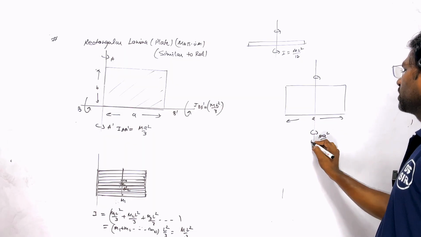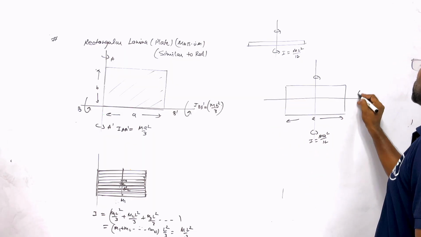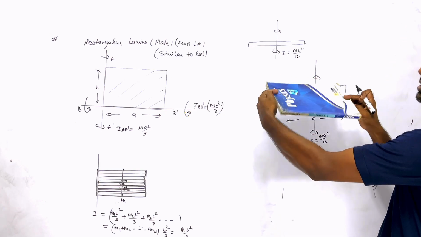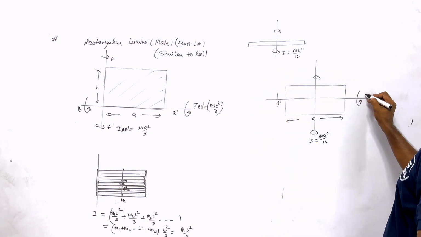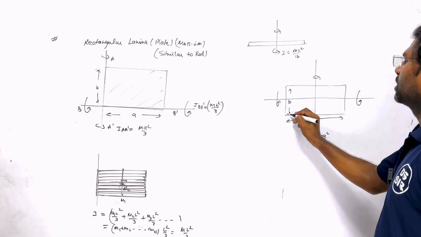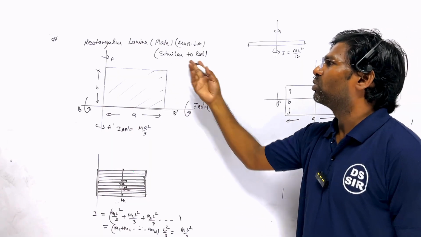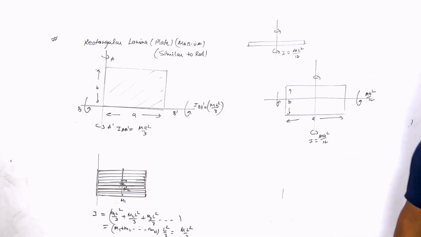M A square by 12, right? About this axis of rotation, it is rotating like this. What is the moment of inertia if it is B? M B square by 12, since it is similar to a rod. Are you getting or not? Copy this, copy this.